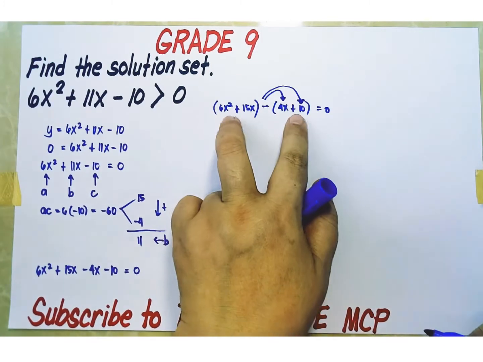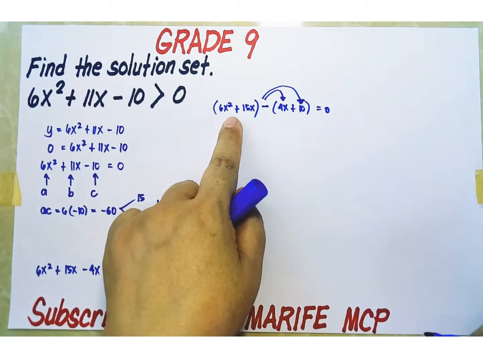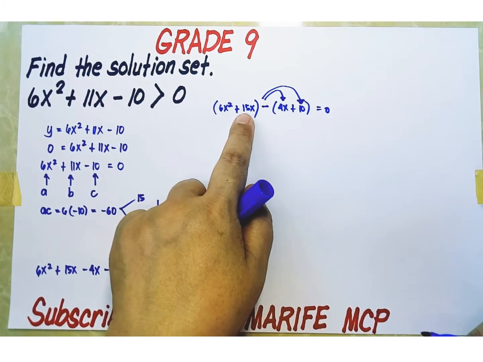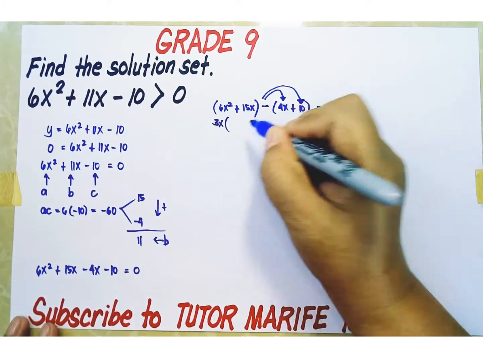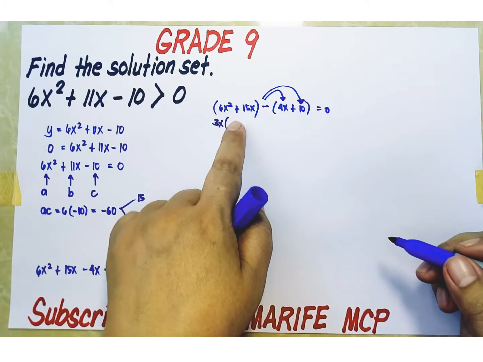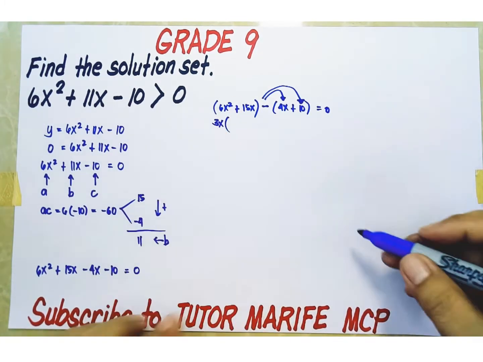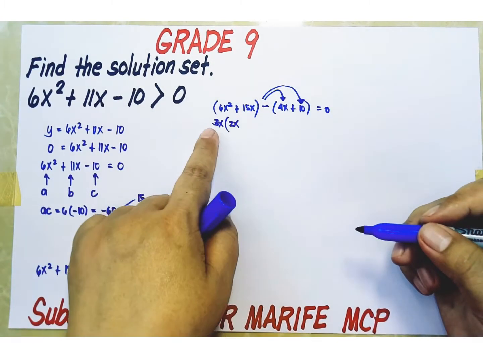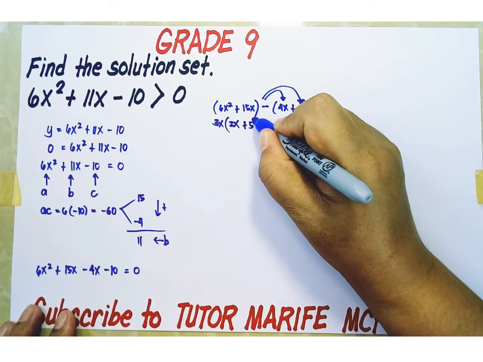Next, factorize each group using the GCF method. So for the first group, we factor out their GCF. The GCF of 6x squared and 15x is 3x. Divide each term of the first group by their GCF. 6x squared divided by 3x is equal to 2x. 15x divided by 3x is equal to 5.